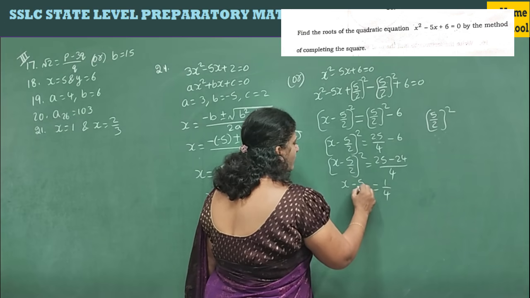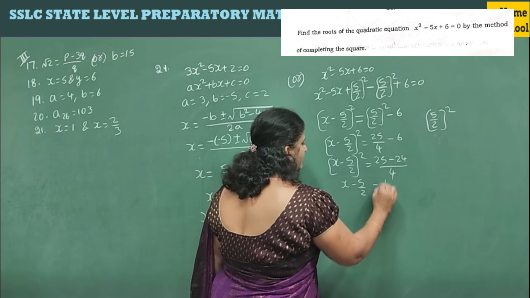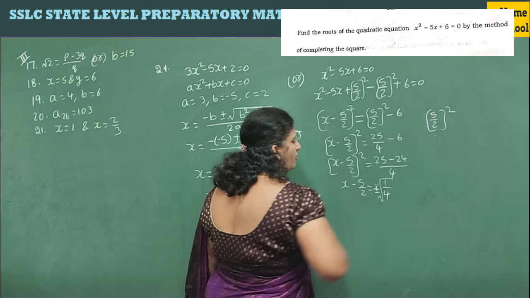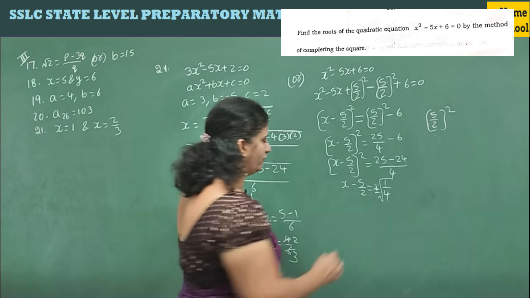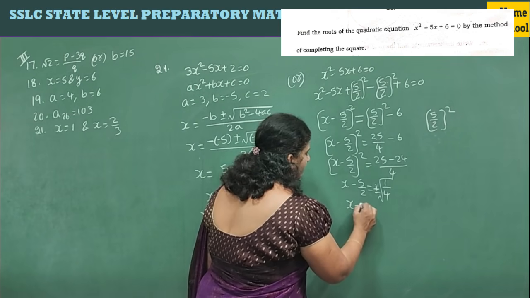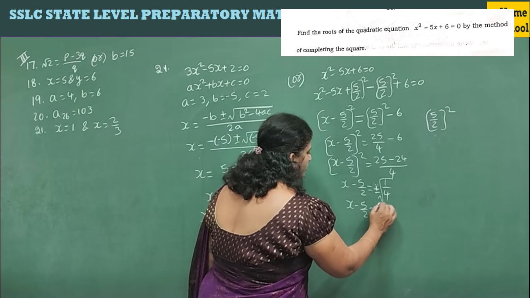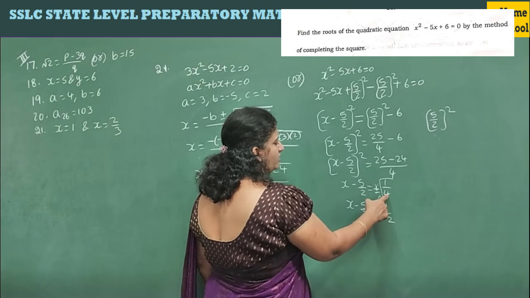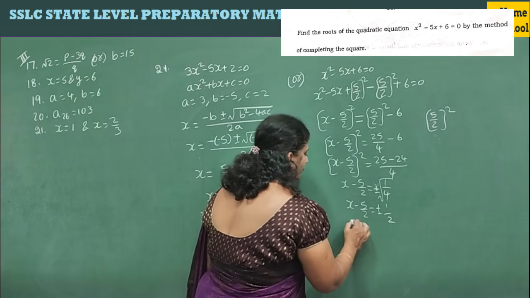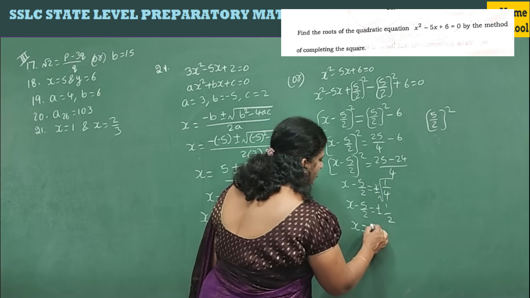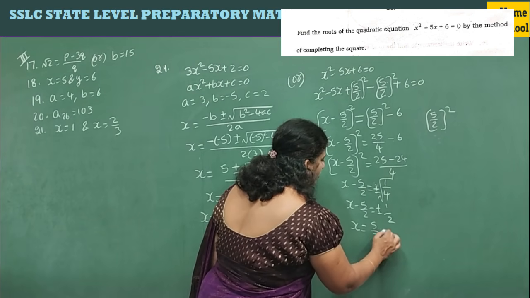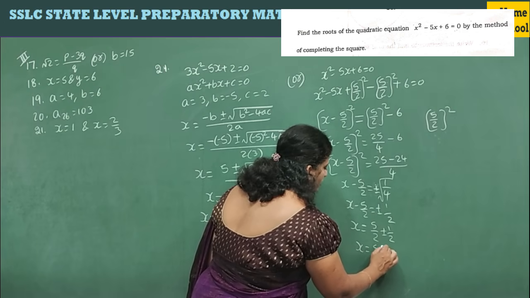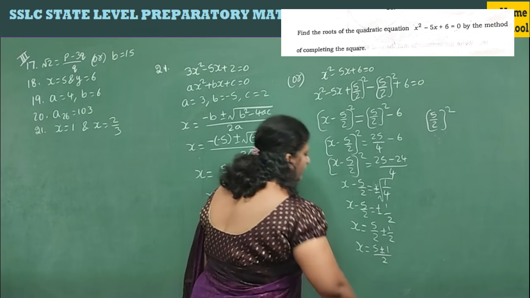X minus 5 by 2 whole square, transposing to the other side, it will be plus or minus square root of 1 by 4. And now it will be x minus 5 by 2 is equal to plus or minus 1 by 2. Square root of 1 is 1, square root of 4 is 2. Minus 5 by 2 transposes, 5 by 2 plus or minus 1 by 2. Do LCM. X is equal to 5 plus or minus 1 by 2.